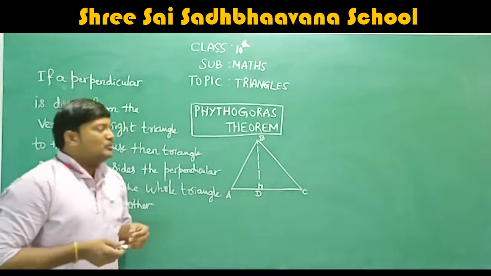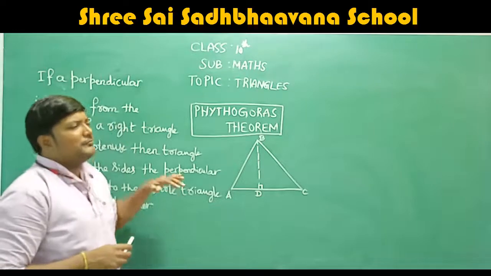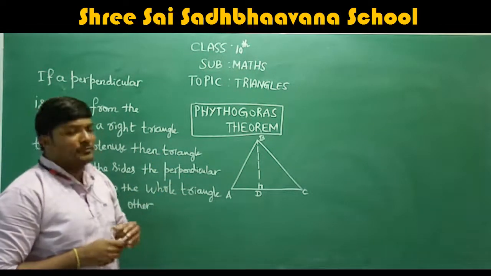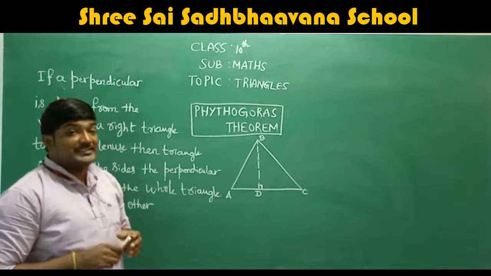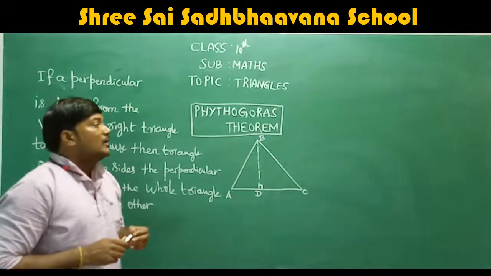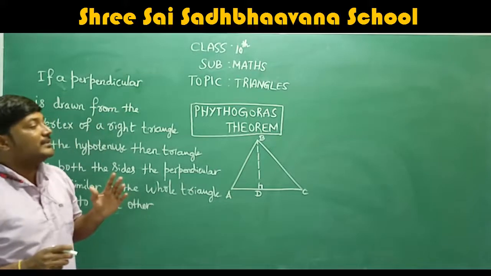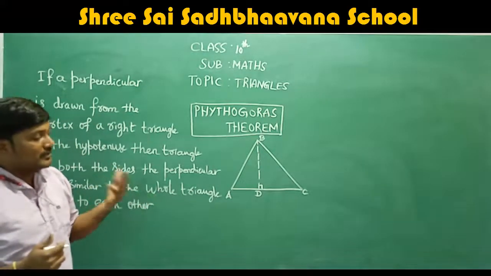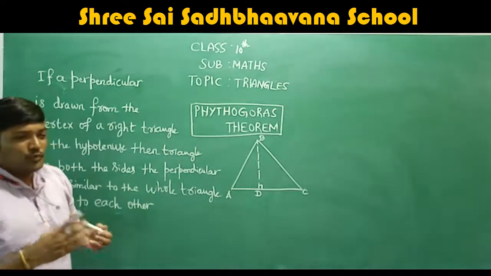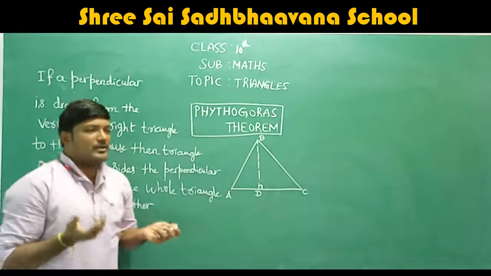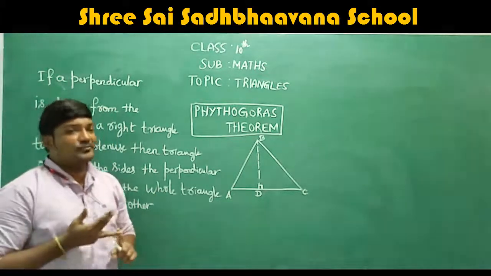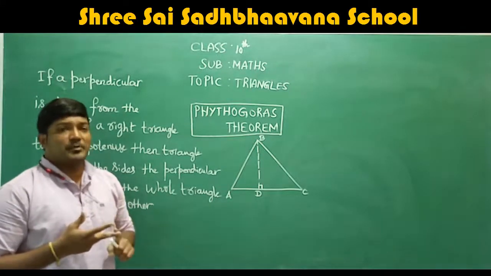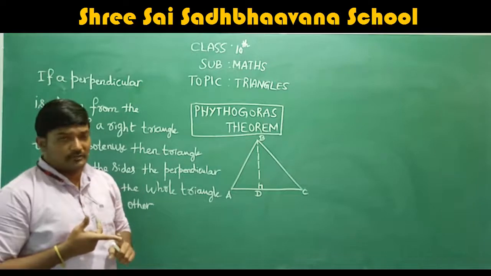Okay. Before explaining the proof of Pythagoras theorem, you should understand how we prove it. For example, in the last classes, we proved the area of similar triangles theorem, and we proved the basic proportionality theorem and its converse also.